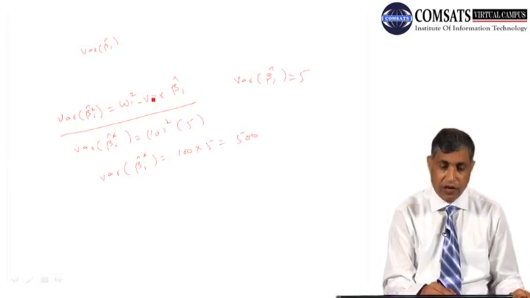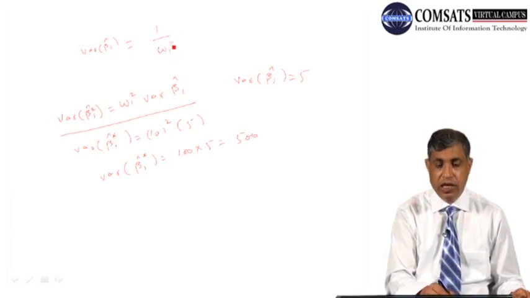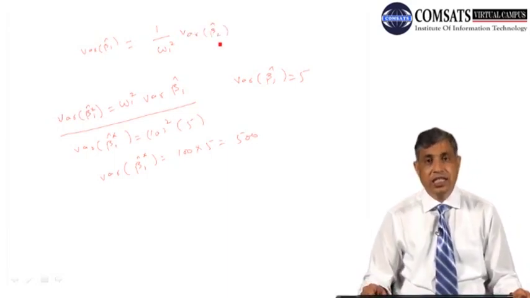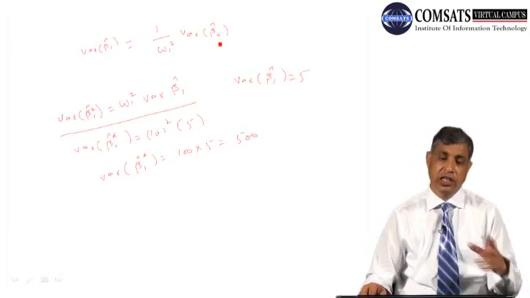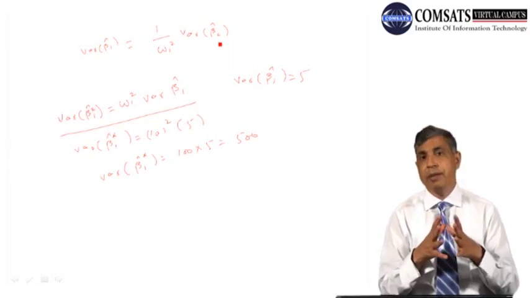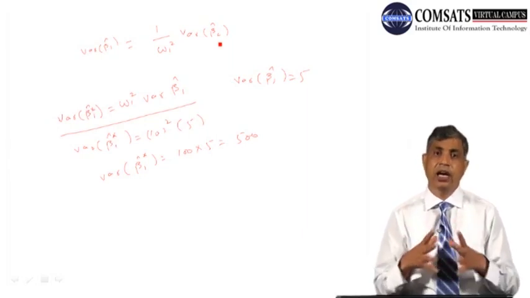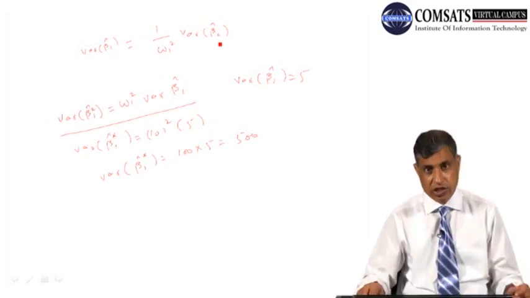This W will go on that side, and it will divide, and it will become 1 over W1 squared, and it is with the variance of beta 2 hat. So when we remember such kinds of formulas, a lot of our effort and a lot of our time is saved.